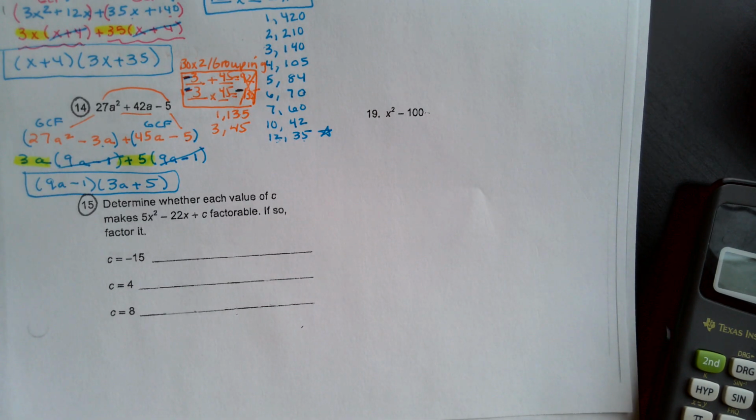So then we move on. It says determine whether each value of c makes 5x squared minus 22x plus c factorable. If so, factor it. Okay, so I'm going to set up which box? Box 2. Okay, you're right.